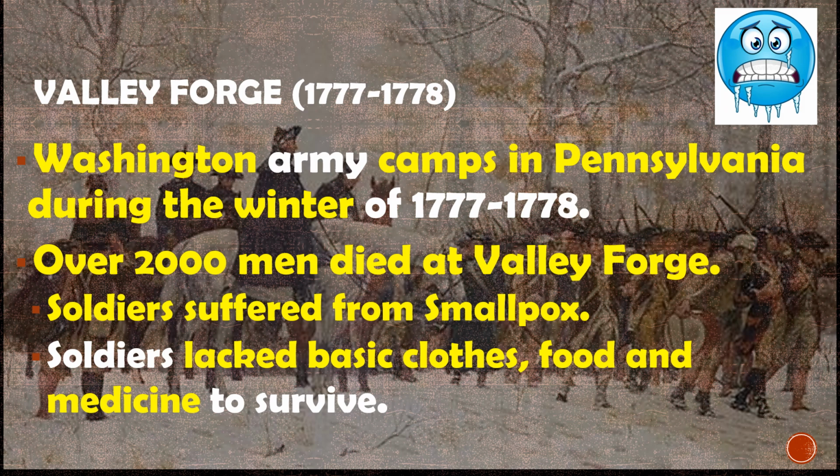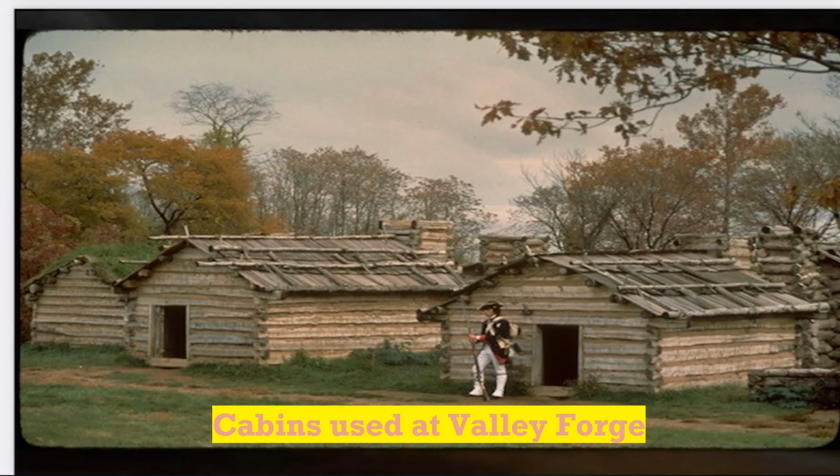And soldiers were suffering from smallpox as well, which was a deadly disease that would spread throughout the camp, and there was no vaccine for it. There was no medicine to treat it. So the conditions were not great for the United States. They were losing more men each day, and the United States had to figure this out, or they were not going to have an army to fight in the springtime of '78.